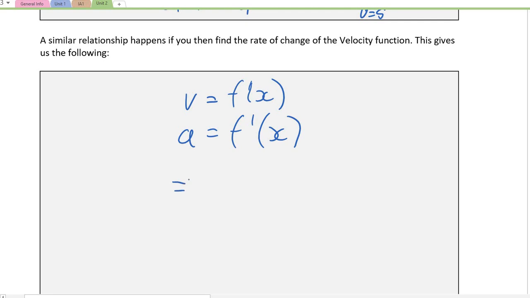So, in other words, acceleration is velocity differentiated. If you have a velocity function and you differentiate it, it gives you the acceleration. Because the differentiation just finds the rate of change, and all the acceleration is the rate of change of the velocity. So if you differentiate velocity, you're finding the rate of change, and our word for that is acceleration.